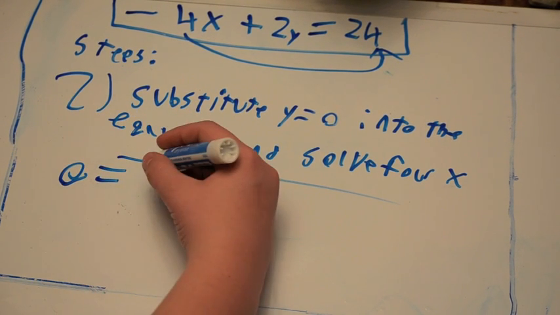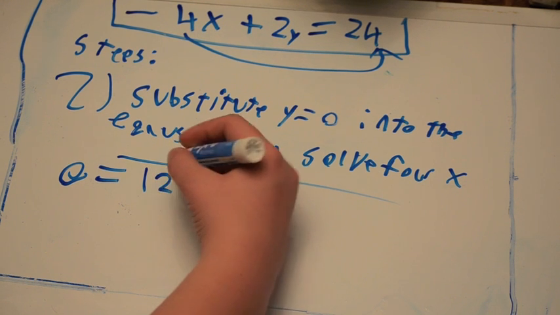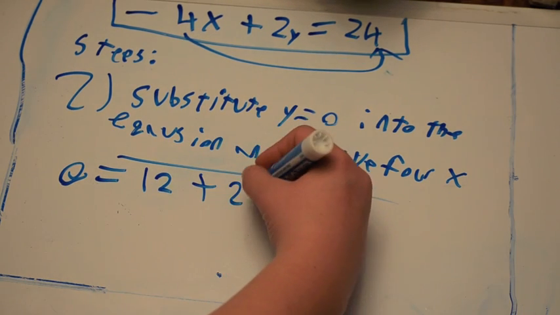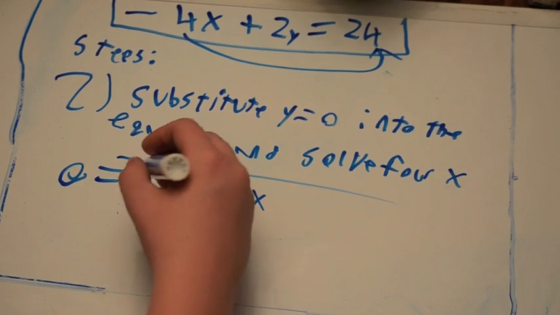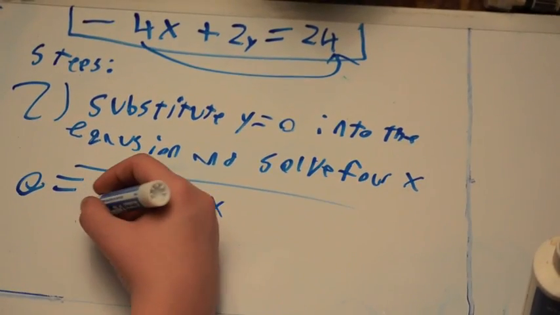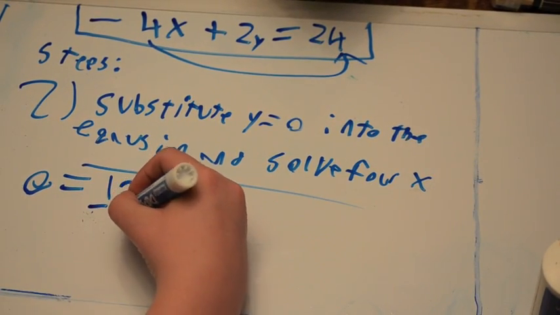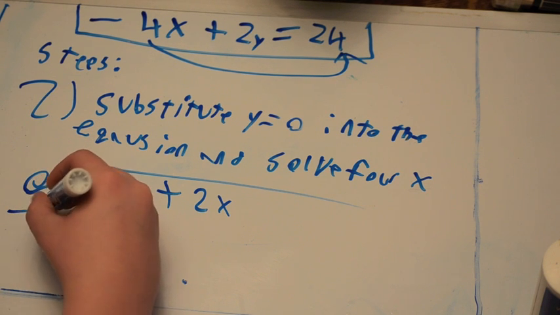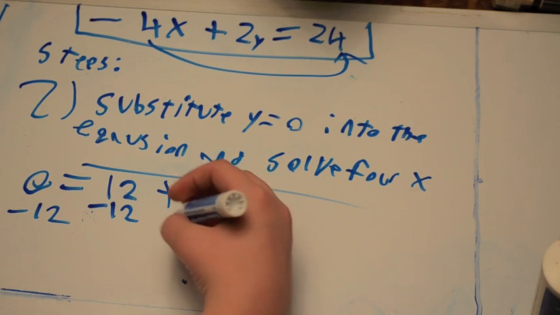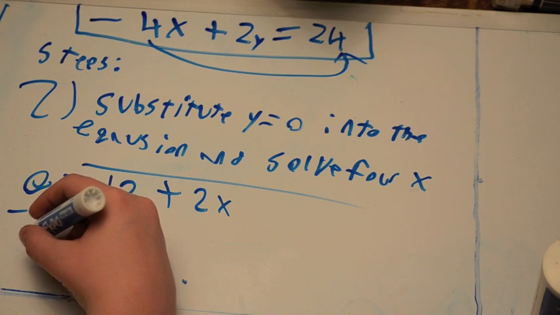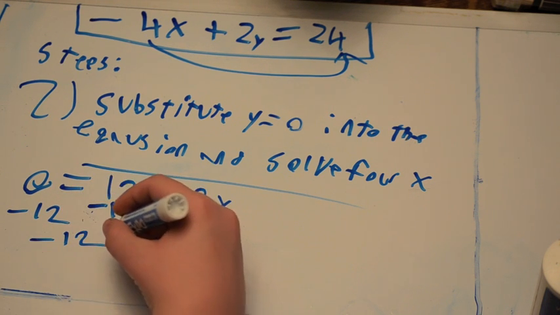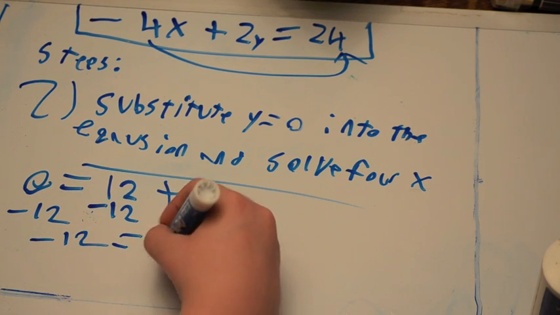So what we have here is 0 equals 12 plus 2x. And that was our previous thing, y equals 12 plus 2x. We just substituted 0. Now, because we're solving for x, we subtract 12 from 0, and that'll get you to negative 12 equals 2x.